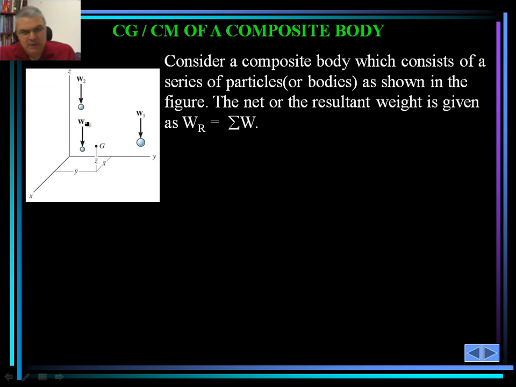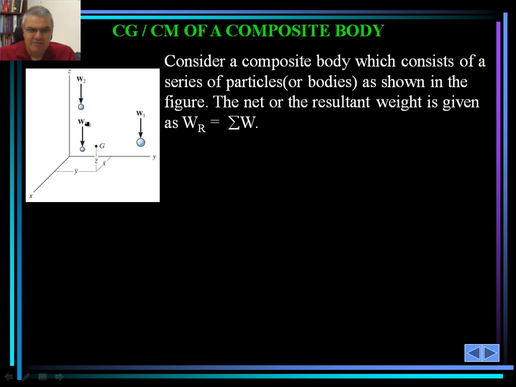So how can we do that? How can we calculate the center of gravity or the center of mass of a composite body? That's the question that we try to address today. Consider a composite body. It consists of a series of bodies or particles.